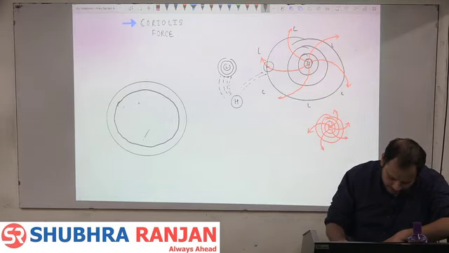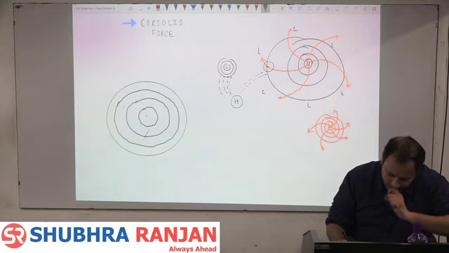Outward directed pressure gradient force. Read that line again and tell me what does it mean.